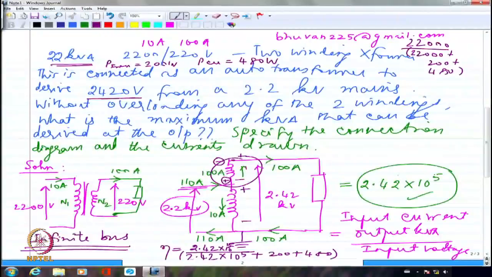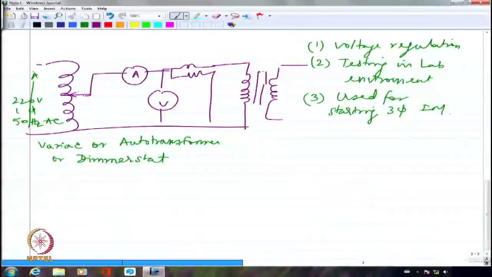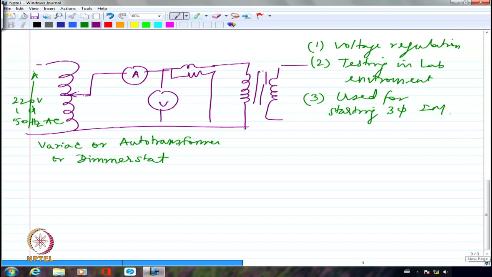That leads us to the polarity test. Let me tell you that also. Let us say I have a transformer like this. I am applying V1 here. When I connect the voltmeter, I would measure whatever voltage V1 I am applying. If I connect the voltmeter directly here, I would get V2.